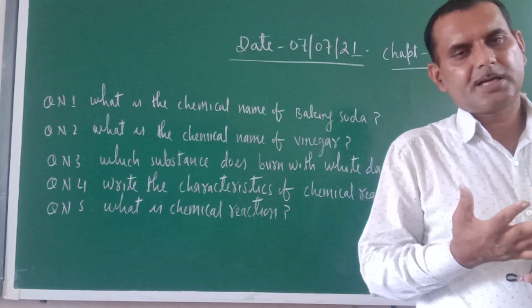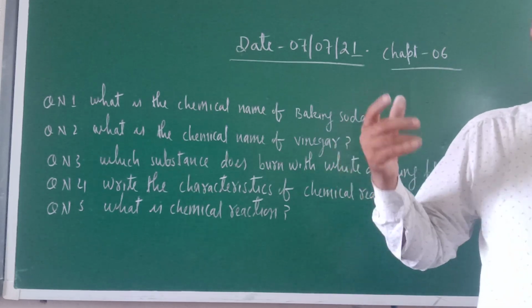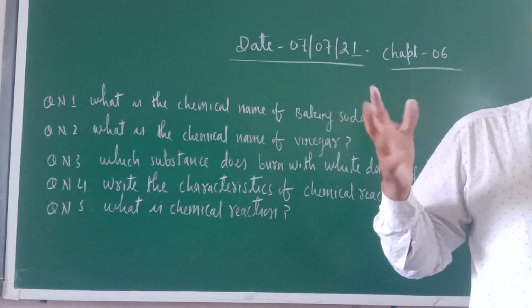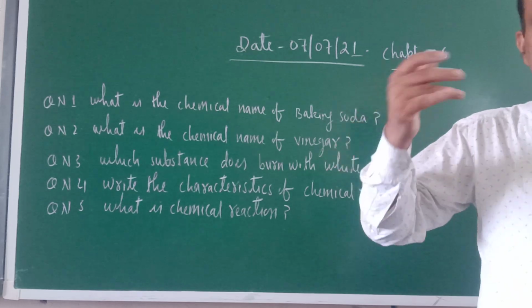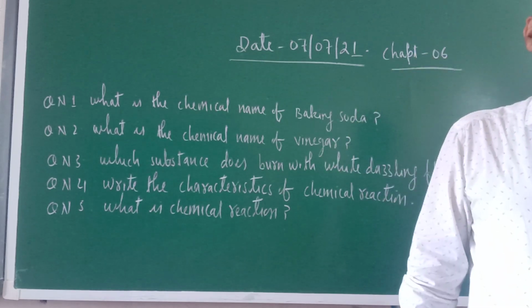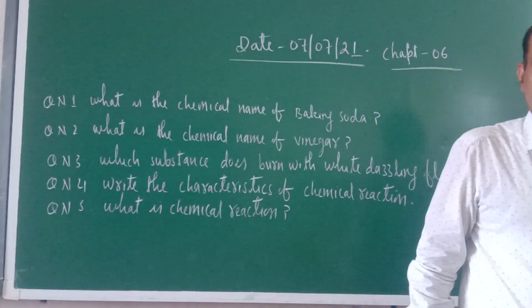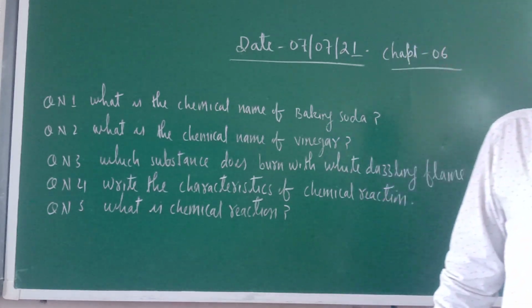If you search, definitely you will have it. And baking soda is available in almost all grocery shops. So just prepare this activity, make a video and post it to the WhatsApp group of all the sections. Let us see how many of you will do this.